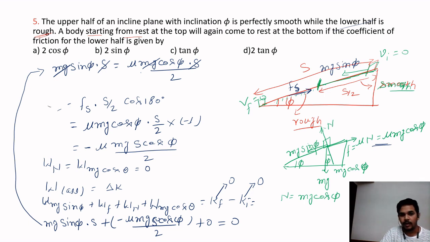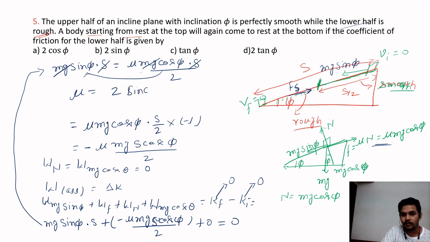We are interested in the coefficient of friction, so after cross multiplication, mu will become 2 going to the other side, with sin phi over cos phi, and that will give you 2 tan phi. So this will be your answer.